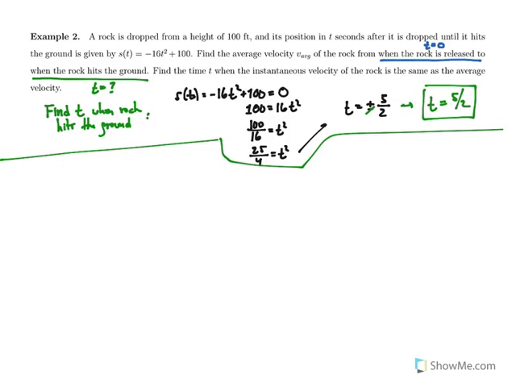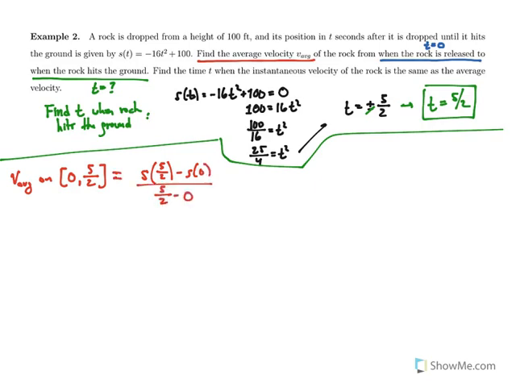All right, so next part of the question, find the average velocity on that time interval. We're going to find the average velocity on the interval 0 to 5 halves. And we can do that by just doing s of 5 halves minus s of 0 over 5 halves minus 0.